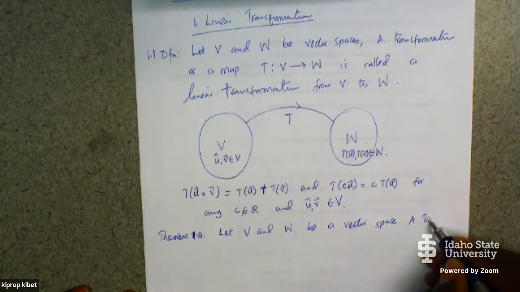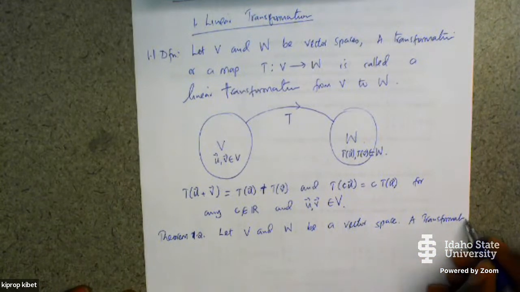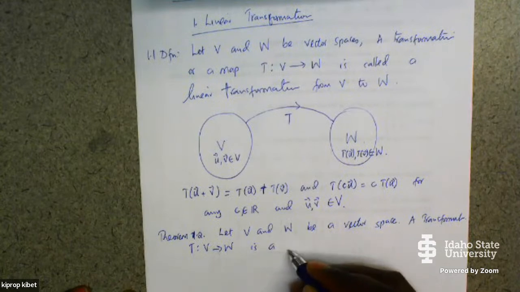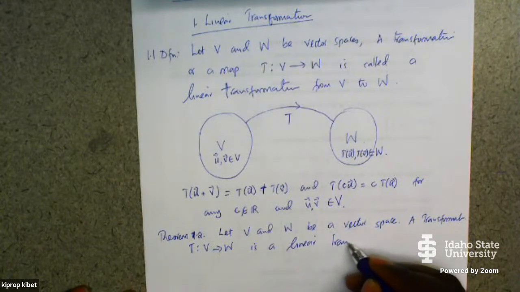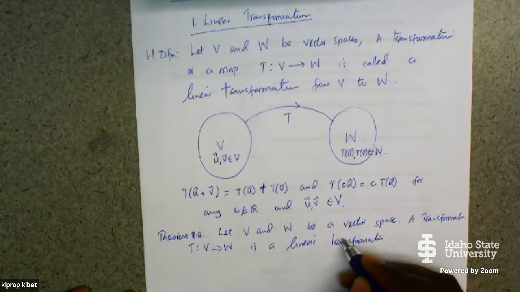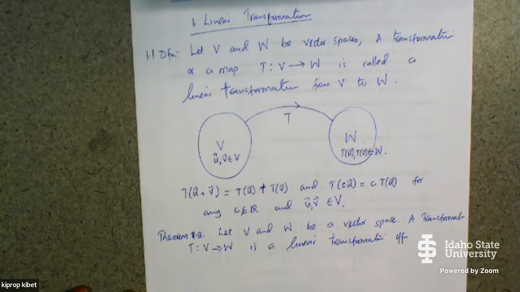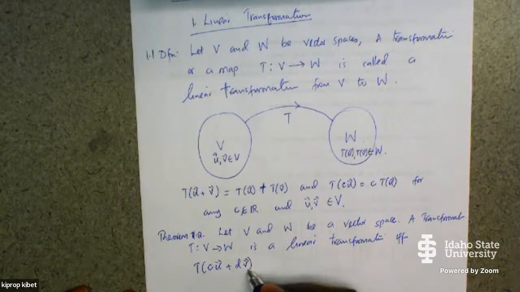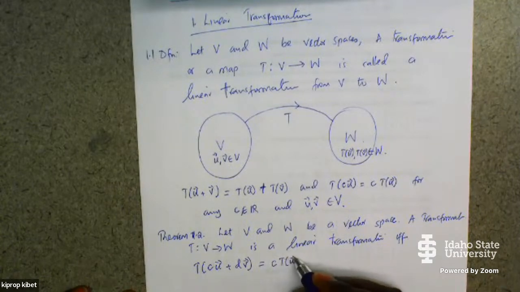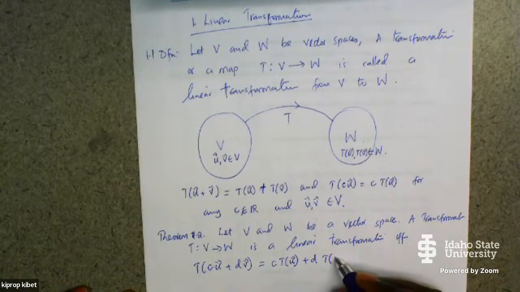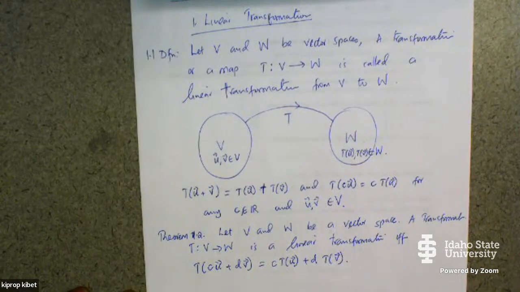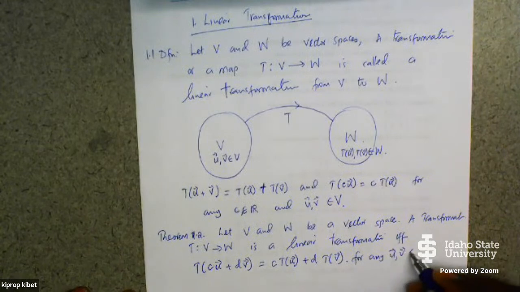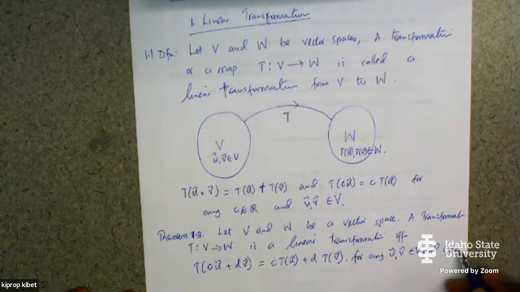A transformation T from V to W is a linear transformation if and only if T of cu plus dv is the same as c T of u plus d T of v, for any u and v in V and c and d elements of real numbers.